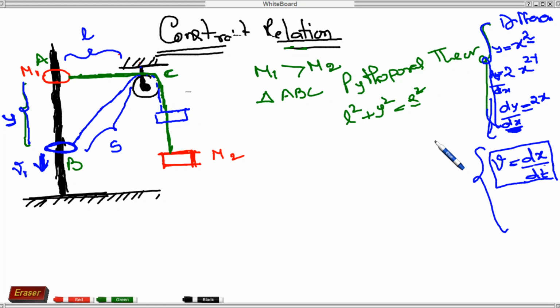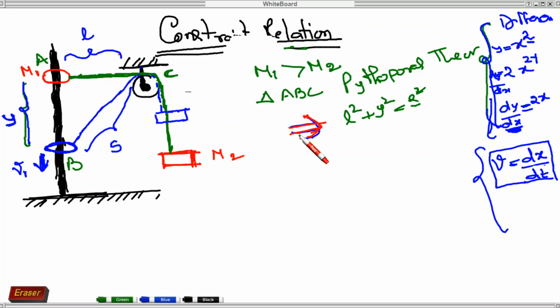So let's differentiate this equation. You will come across these types of differentiation in your calculus part in maths, but we will be using integration as well as differentiation, because that's very important.